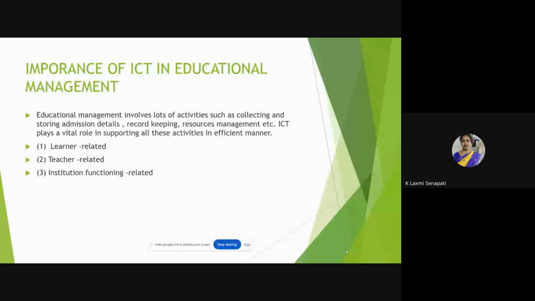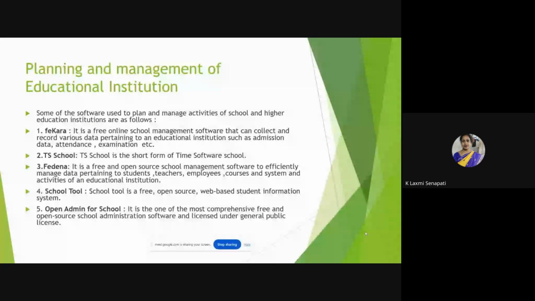Then the institution's functioning, and also our ranking. For that purpose we have to plan. For proper management we have to plan, so we can do our work in a smooth manner.